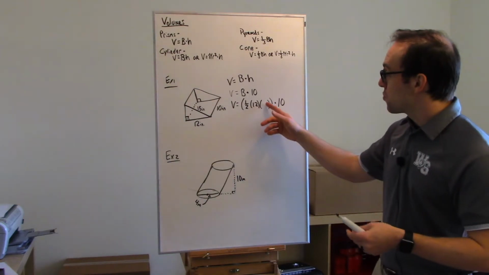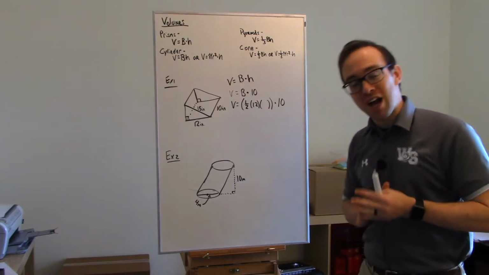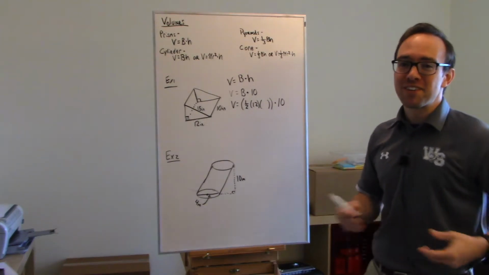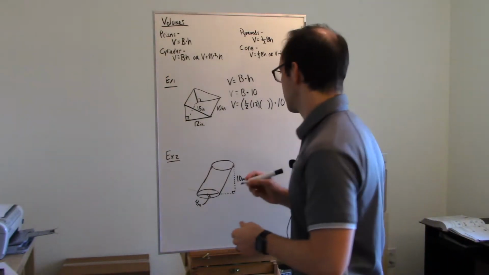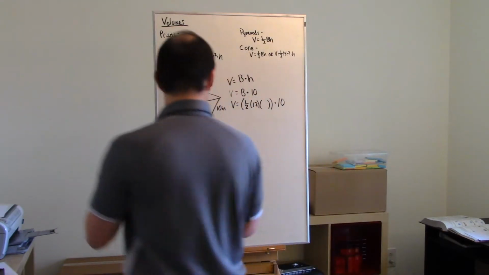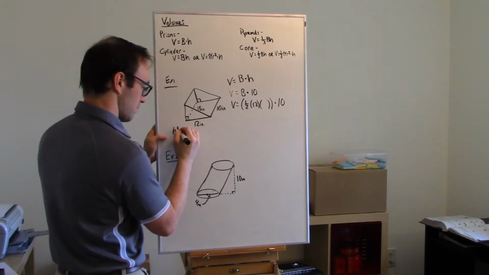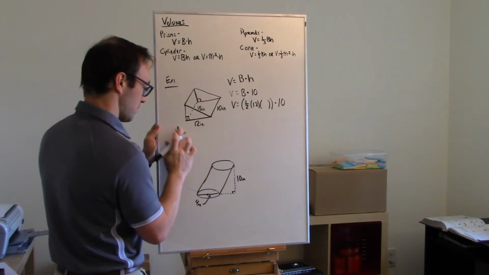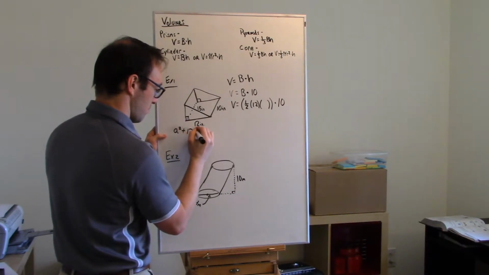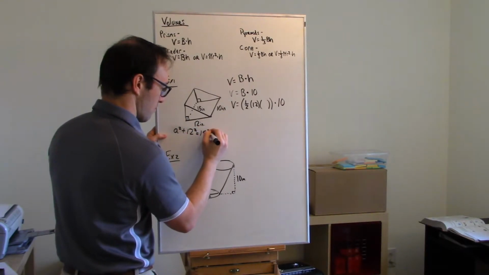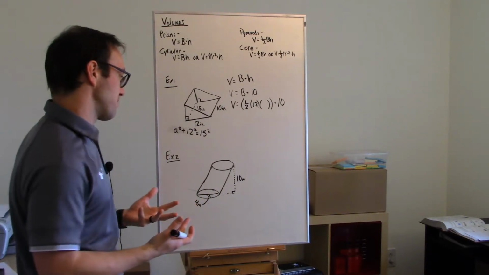So since we do not know what the height is of this triangle, we're going to have to use our Pythagorean theorem to find that height. So a squared plus 12 squared equals 15 squared.